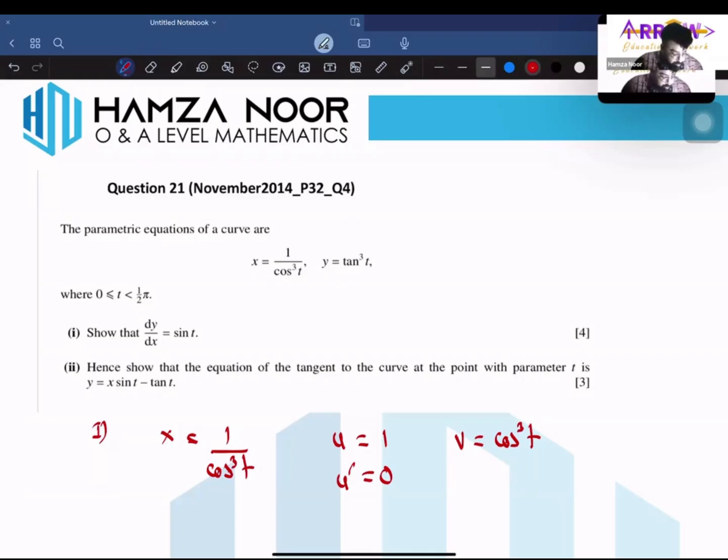Cos cube t essentially means cos t is whole cube. In order to find the v dash function, the power 3 comes down, multiplied as a constant. Cos t is in the bracket, we write it as it is, and then we subtract 1 from the power, so the power becomes 2, and then multiplied by the derivative of cos t, which is minus sine t.